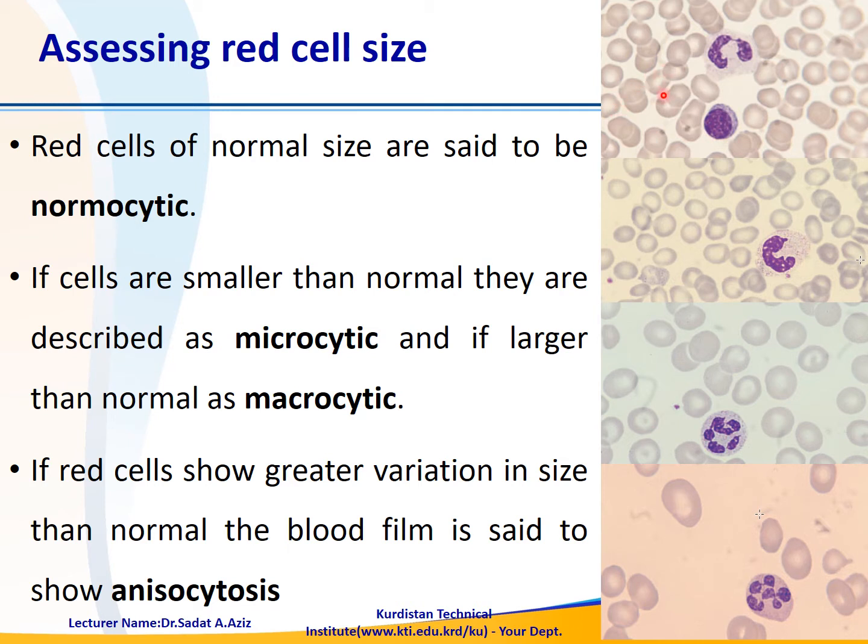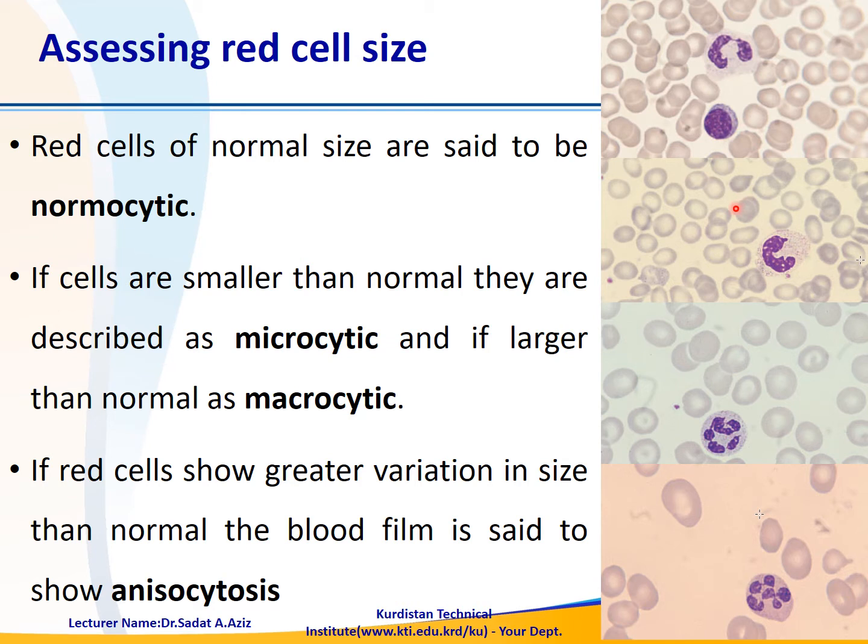Normally, in the case of normocytic cells, about a quarter to a third of the cell, the center, should be paler compared to the rest of the cell. And normally they are smaller than a normal leukocyte, and also smaller even than a small lymphocyte.